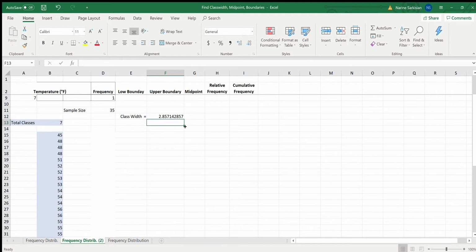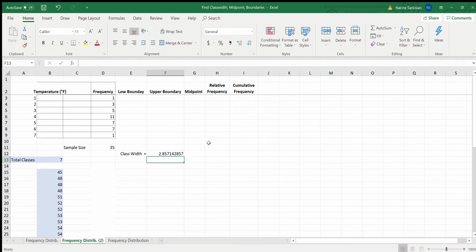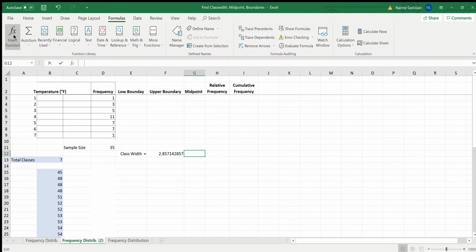Okay, we got it. Now, for class width, we need to round it, and in statistics, we always round things up. Therefore, it's going to be, where is it? Formula, insert, I'm using the round up function. So click here and take this class width.